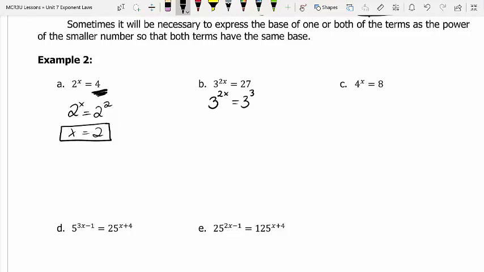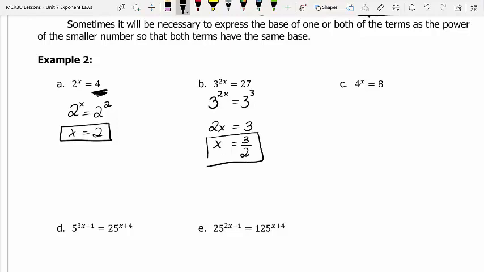So we can replace 27 with 3 to the power of 3, and we don't change the question at all. But this is good now because now we have exponents with the same base. So we can do what we did above. To solve for x, we can ignore the bases, and we just have to solve 2x equals 3. Divide both sides by 2, we get x is equal to 3 over 2.